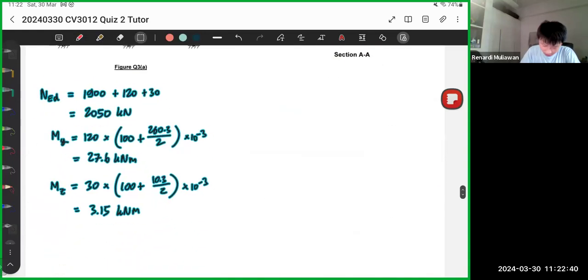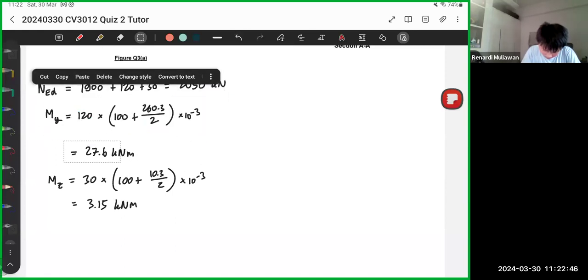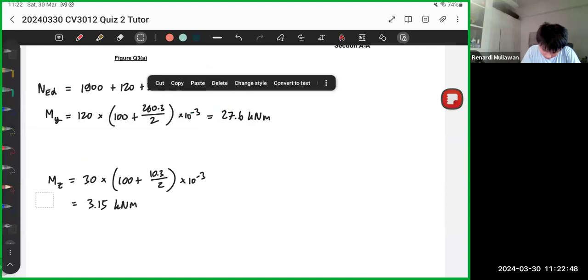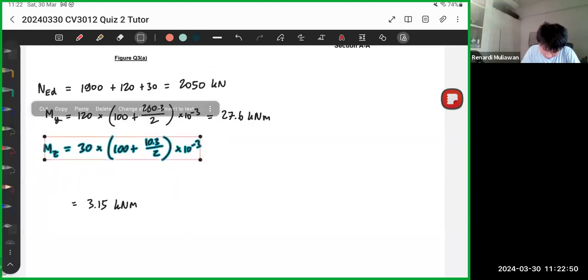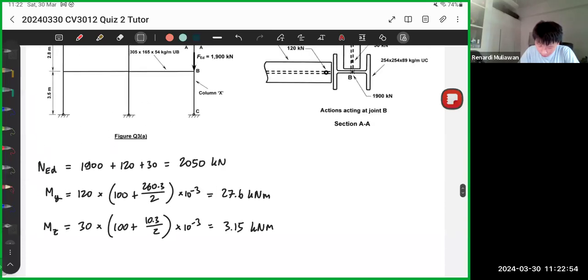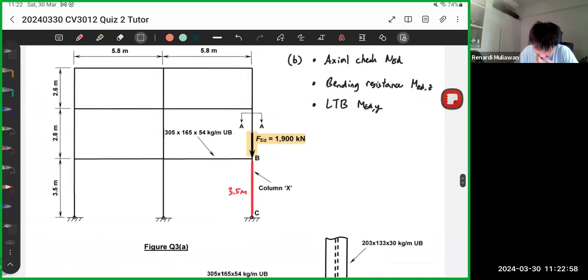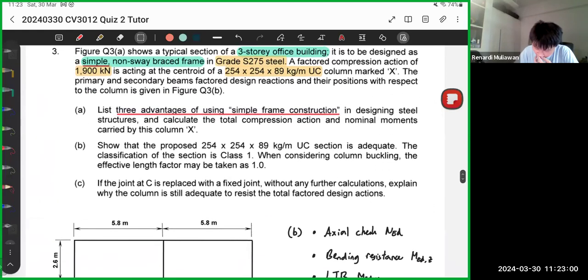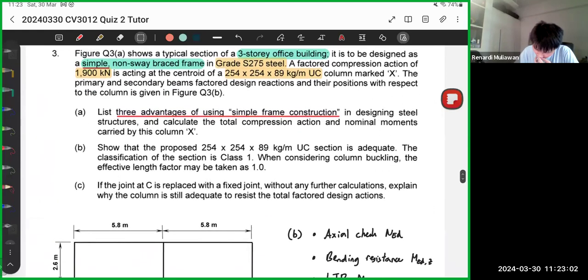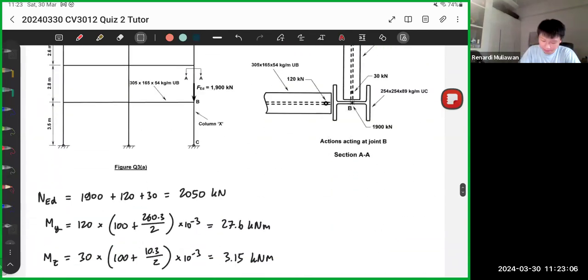Let me move this down. Top column and bottom column, they have the same section, right? I think they have the same section. Let me see. Yeah, I think they never state. Okay, we show them the same.